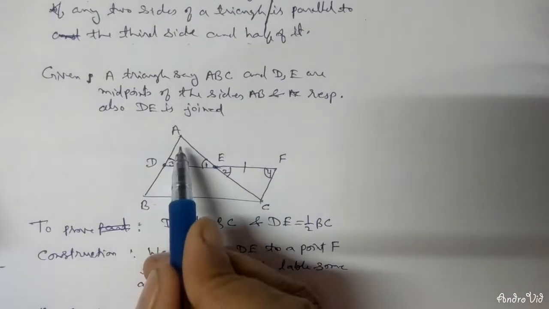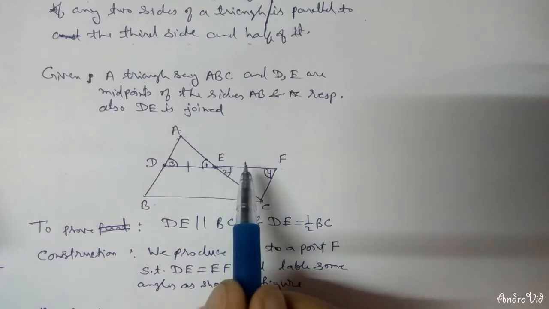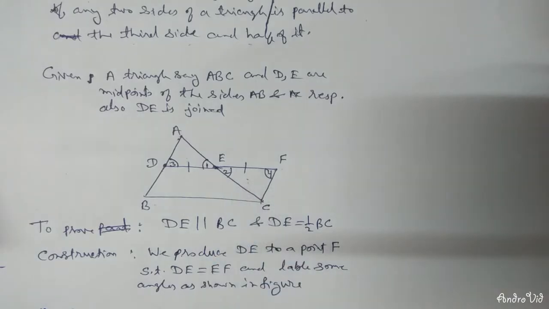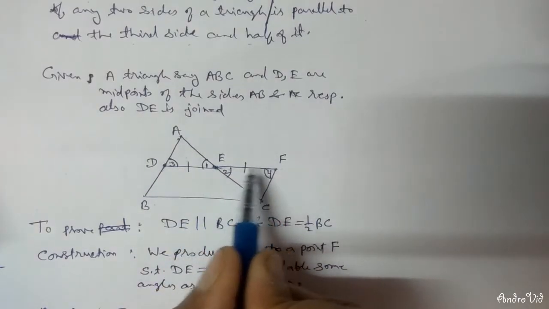Now consider triangle ADE and CFE. We will show that these triangles are congruent. So in triangle ADE and triangle CFE, firstly DE is equal to FE.